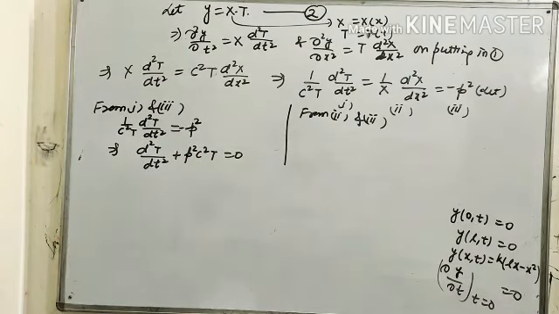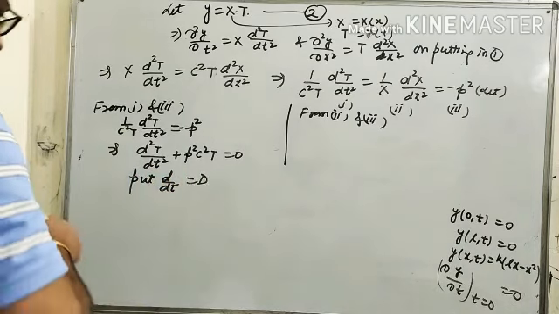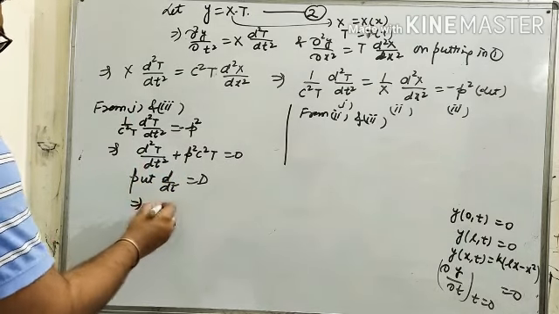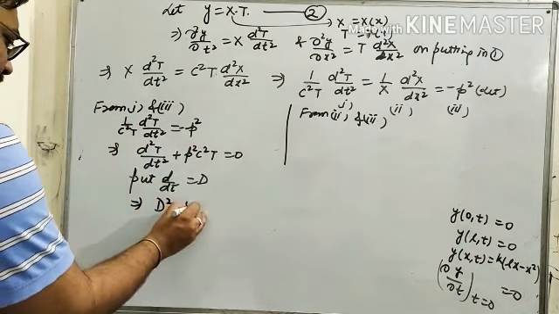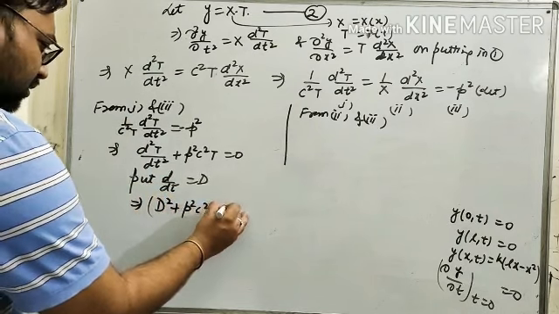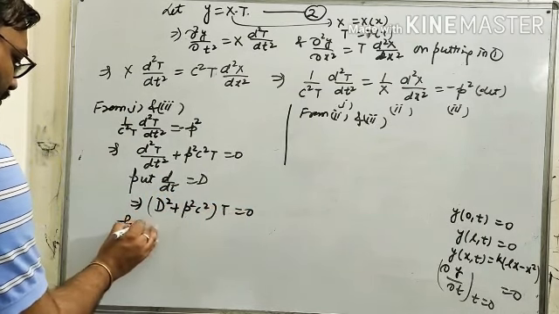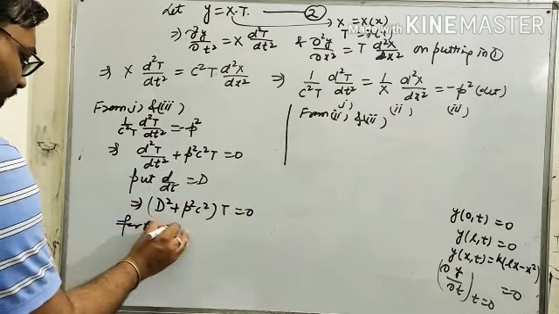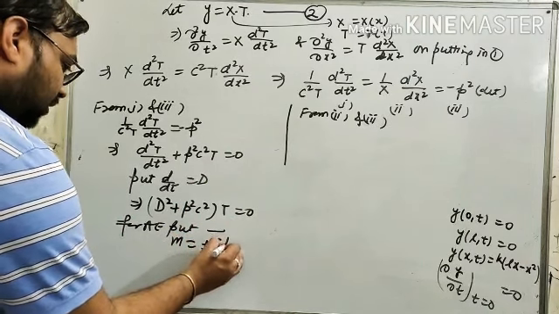So for this we put d over dt equals capital D. So it implies (D square plus p square c square) T equals 0. For the auxiliary equation put D equals m, then equate to 0 the bracket of LHS. So we get m equals plus minus i pc.